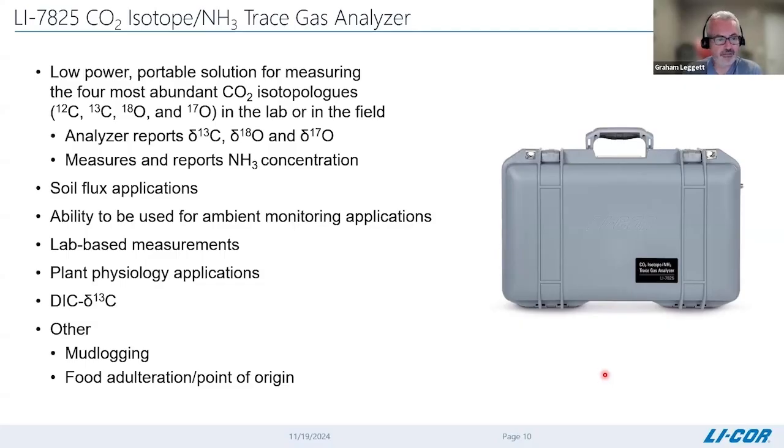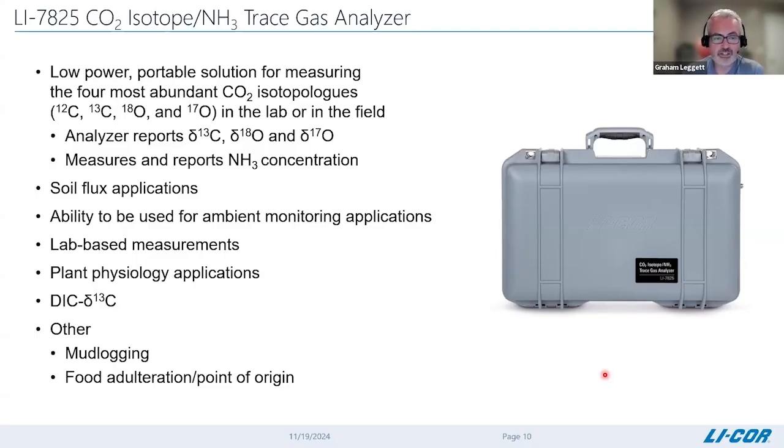And this can be used in the field, like our other trace gas analyzers, or in the laboratory. It has high enough precision to be comparable to typical lab-based instruments using optical and other techniques. It also reports delta 13C, delta 18O, and delta 17O using that VPDB standard that I mentioned.